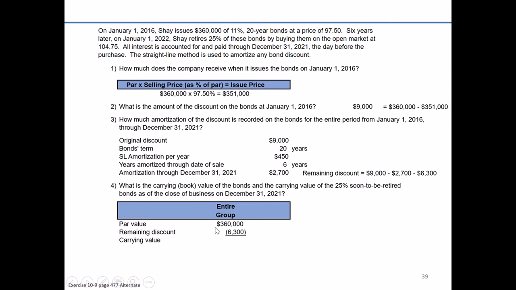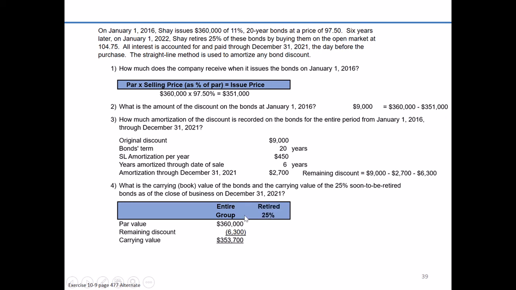So we'll take $360,000 minus the discount of $6,300 means the whole entire bond issue is showing a carrying value or book value on our balance sheet of $353,700.